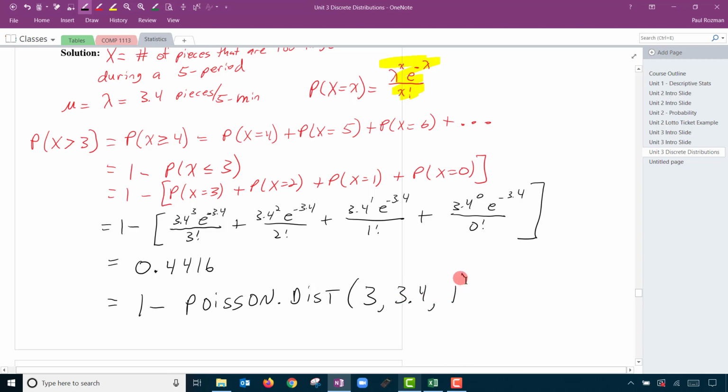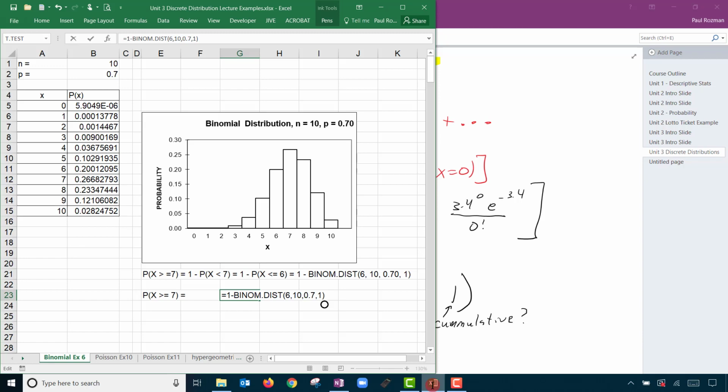And yes, we want it to be cumulative. It goes x, lambda, cumulative. And 1 means yes and 0 means no. In fact, you can even write in there, I think, true or false, if you want. I think I did this in Excel too, so we can look at it.